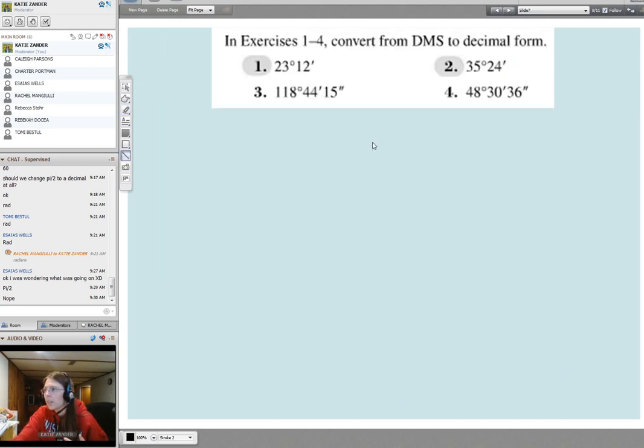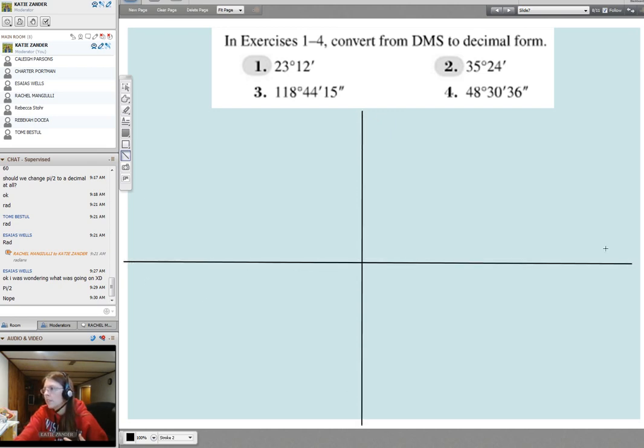Okay, let's split the board into 4 different areas. And we'll do 1, 2, 3, and 4. All right, so let's practice here. We're going to convert from DMS to the decimal form of your degrees.